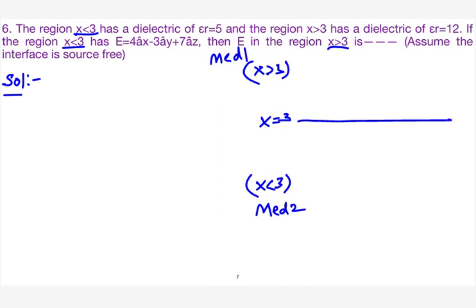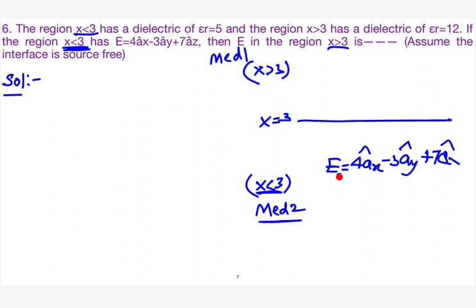So what is the electric field intensity in x less than 3 has given? You can say the electric field is ax cap minus 3 ay cap plus 7 az cap. So this is the electric field intensity at x less than 3 and you have considered it as medium 2.